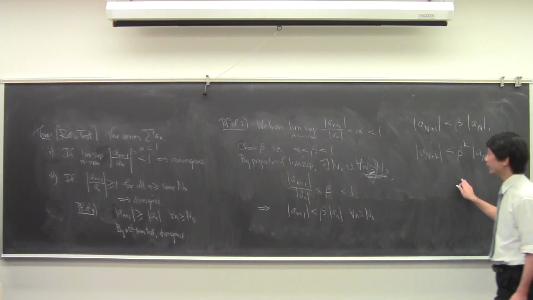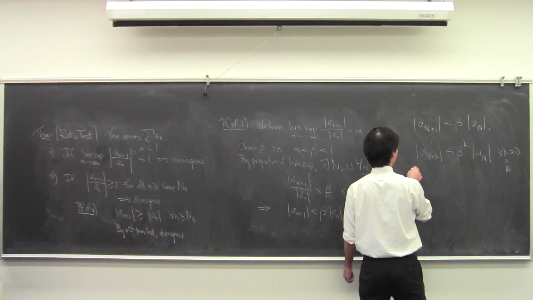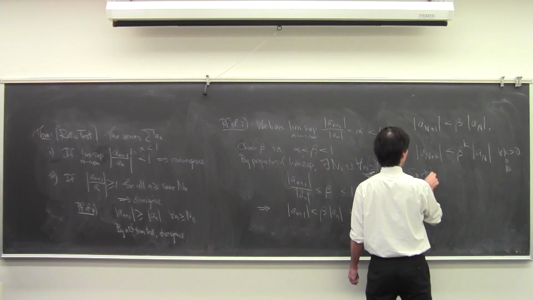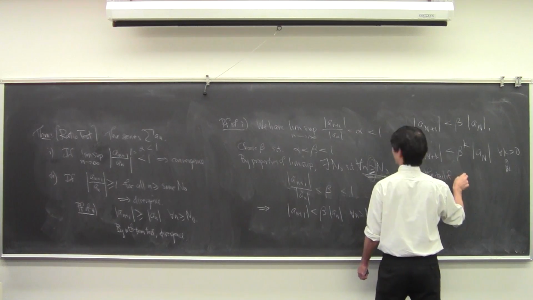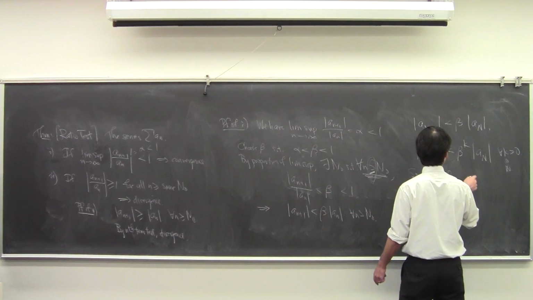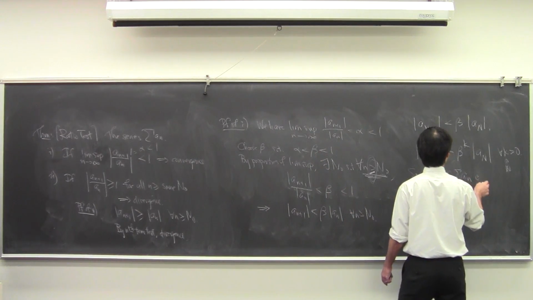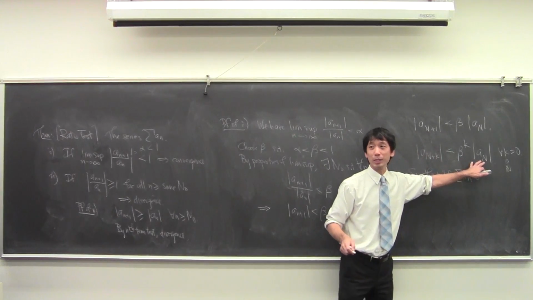But what does it tell you? So you know that the tail of a sub n is controlled by the tail of the geometric series.